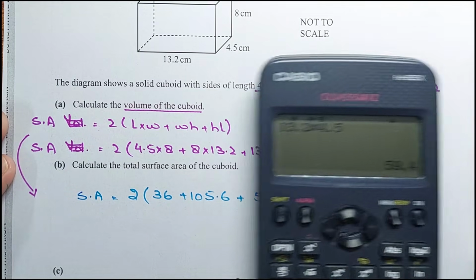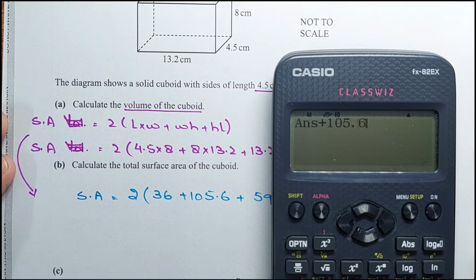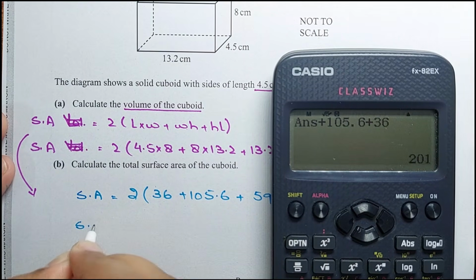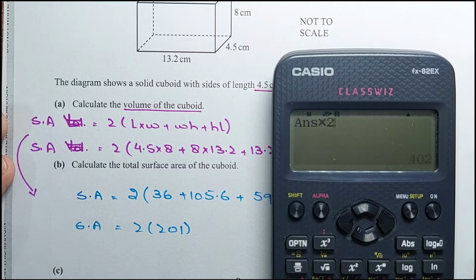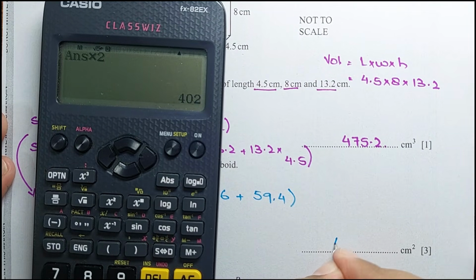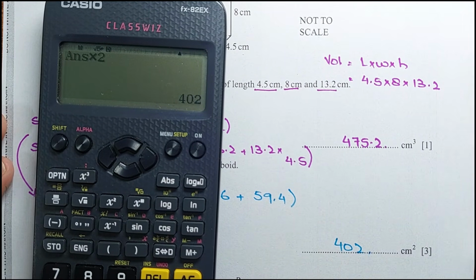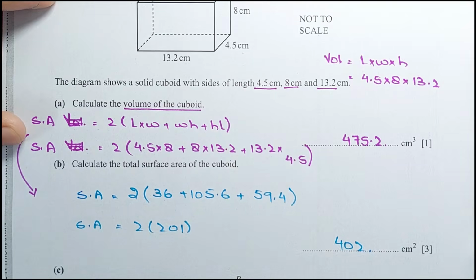Now let me add them up. 59.4, 105.6, 36, and surface area is 2 into 201, 402, 402 square centimeters. All right, so I'm really sorry for that.